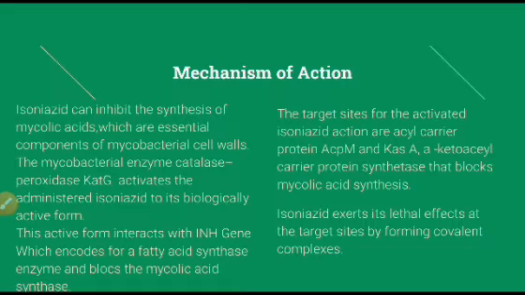The reason is that the fatty acid component where this drug is acting is only present in the mycobacterium. That's why this drug is highly effective against mycobacterium, and it is not found to be active against any other kind of microorganisms.